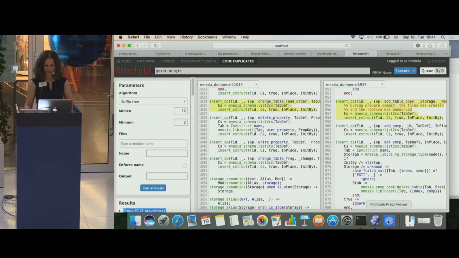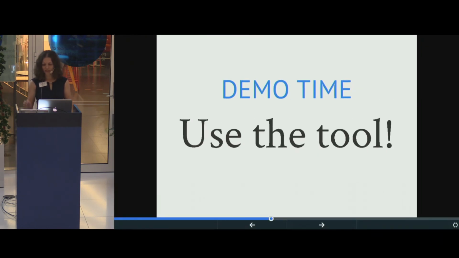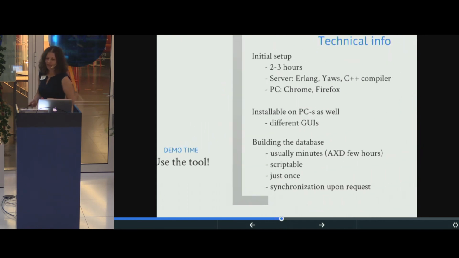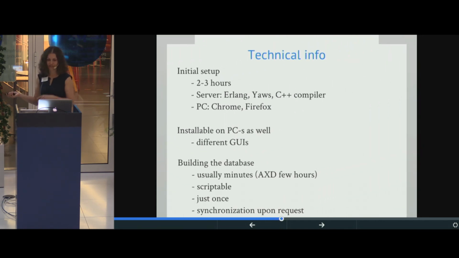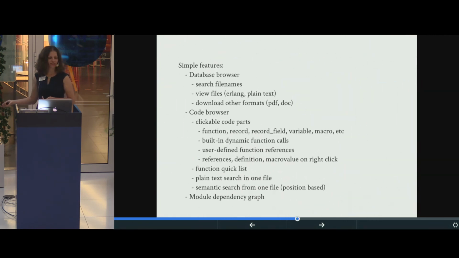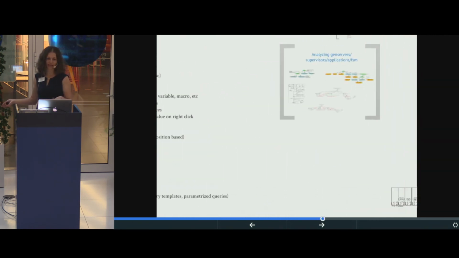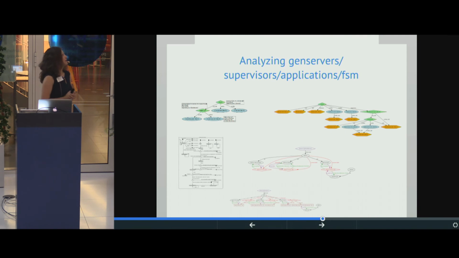This is the functionality that is basically tested and used as well, but this is just technical information, and I have a few slides about what I've shown to you. Now I want to jump to some experimental functionality that we are developing.